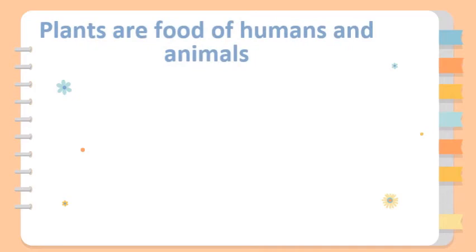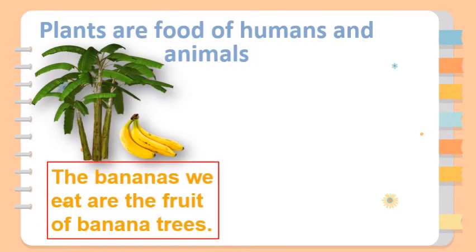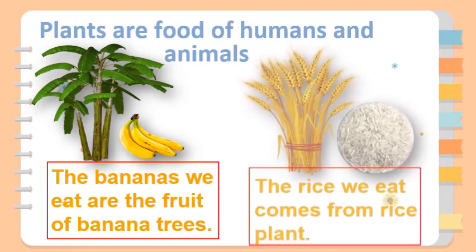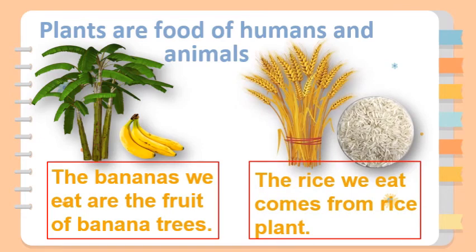First benefit of a plant is that plants are food to humans and animals. For example, the banana. The bananas we eat are the fruit of the banana trees. We also have rice. The rice we eat comes from the rice plant.